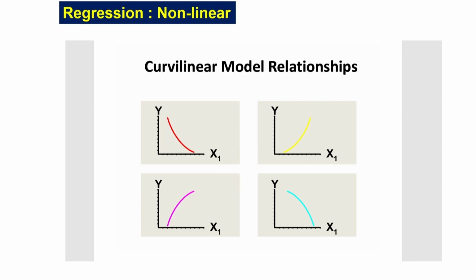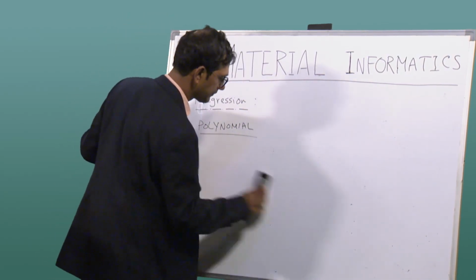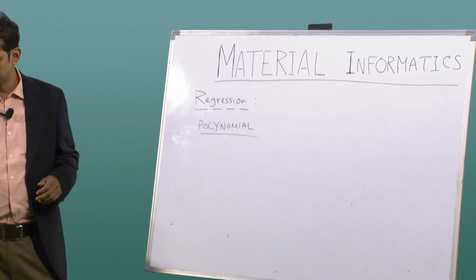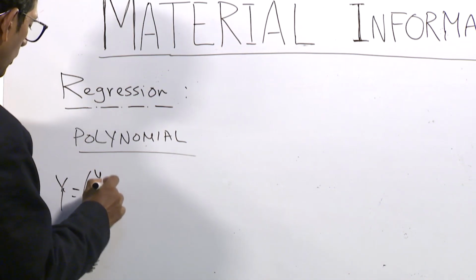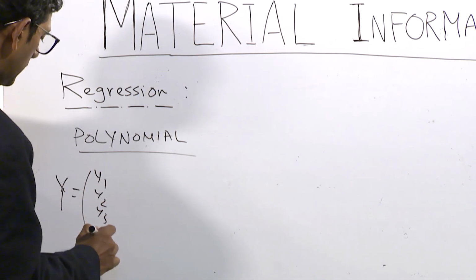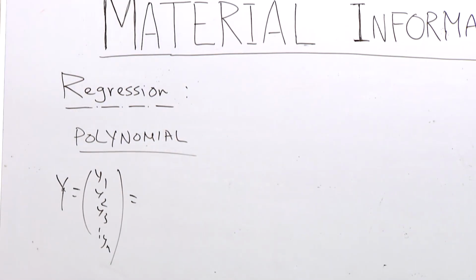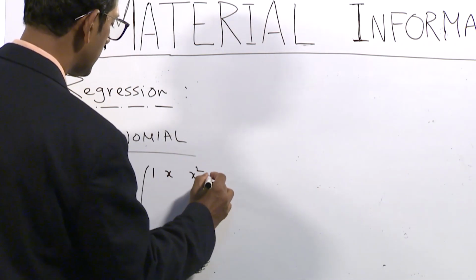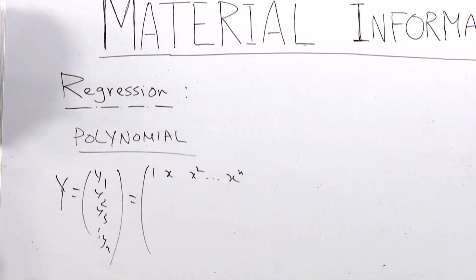So, in general, I write down this equation in a matrix format. In a matrix format, this equation can be easily written out like this. So, y, which is nothing but y1, y2, y3 till yn, is equal to like this: 1, x, x square, to x to the power n.